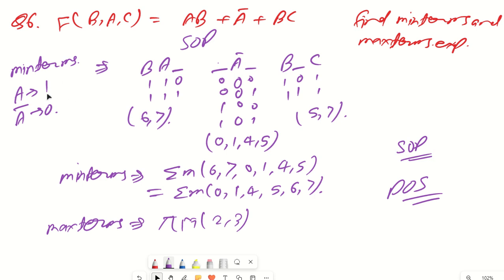And you already know for min term, A will be considered as 1 and A bar as 0. If you are going to take POS form, you have to start with max term, and in that case you have to take A as 0 and A bar as 1. So this is how it works.